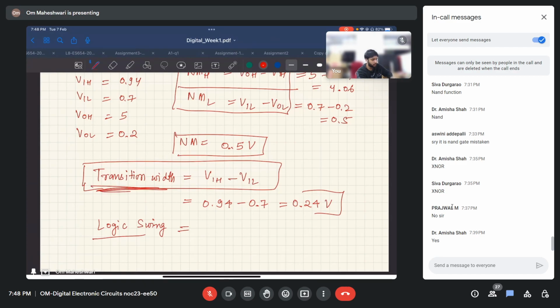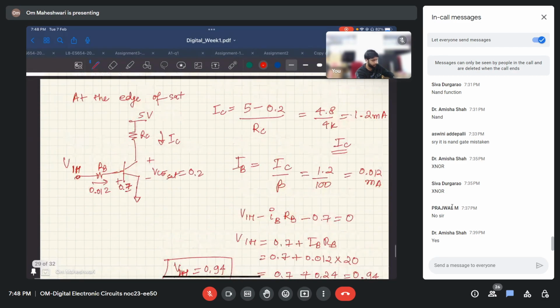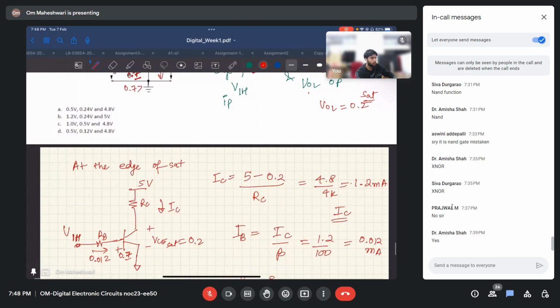Transition width is the width of the voltage that will cause the transition, and logic swing is the swing at the output when the transition takes place. That will be the difference of the outputs. It is 5 minus 0.2, which is 4.8 volts. So the answer will be this one.